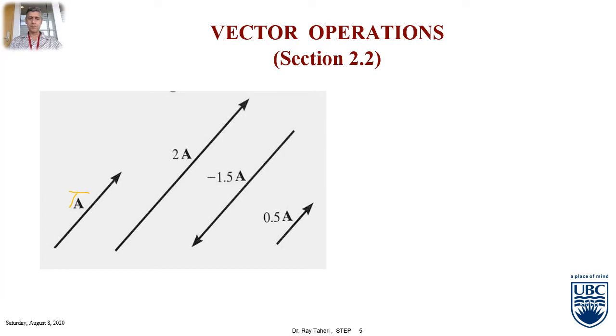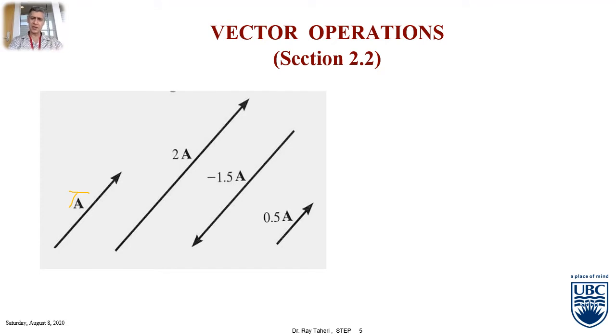A little bit of, again, basics. When you have a vector A, when you multiply a number by this vector, the only thing that changes is the magnitude, or it could be the direction if the number is negative, but it doesn't change the line of action.